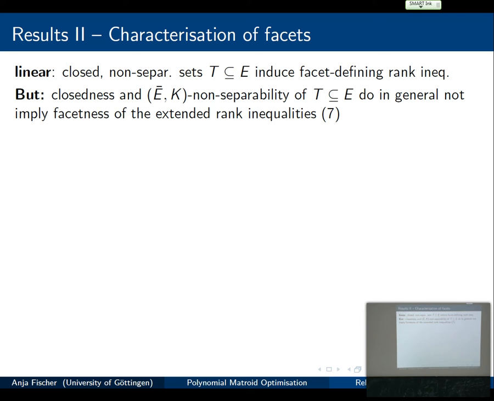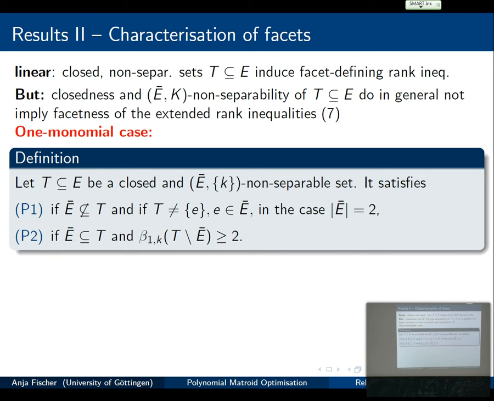We just say we want closeness and our E bar k non-separability. The reason for this is, now we restrict to the one monomial case, we need a bit more. So we have these conditions. It's not so important what's really written there, but these conditions ensure that our rank inequalities in the strengthened version are not implied by the linearization.